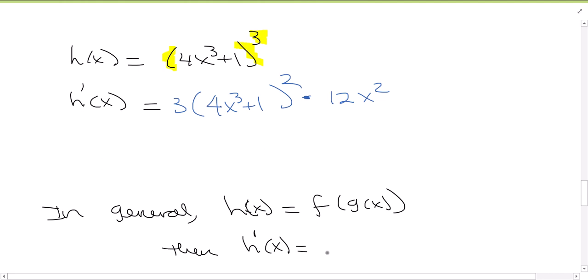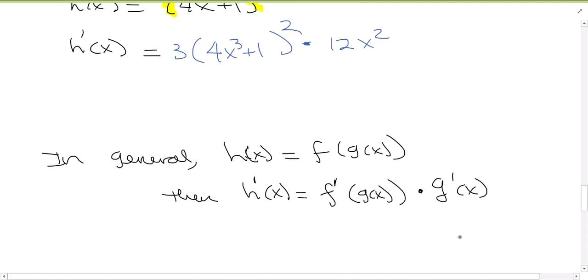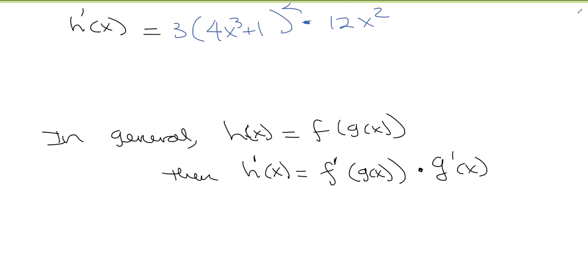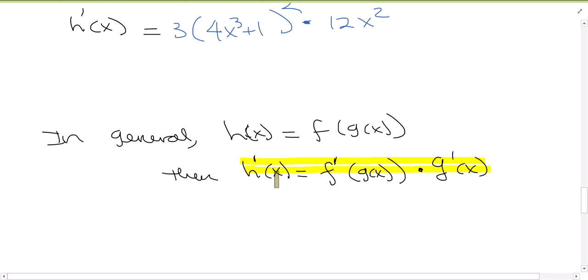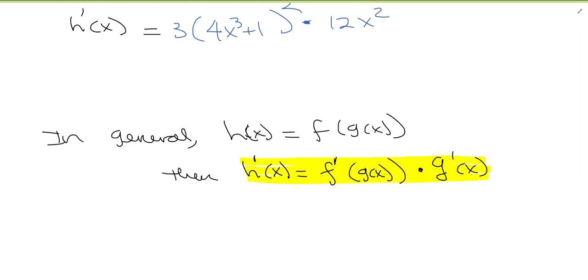So the outside is f, so it'll be f prime, the inside left alone, times the derivative of the inside, times g prime of x. And this is what most books have as the chain rule. But it's important to recognize still what the compositions are to better understand what we're doing and what the outside and the inside functions are. So this is our chain rule.